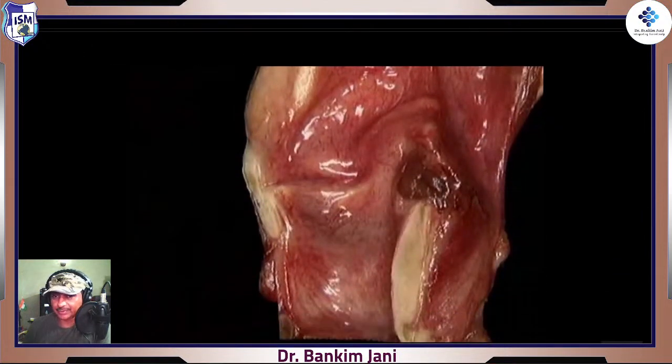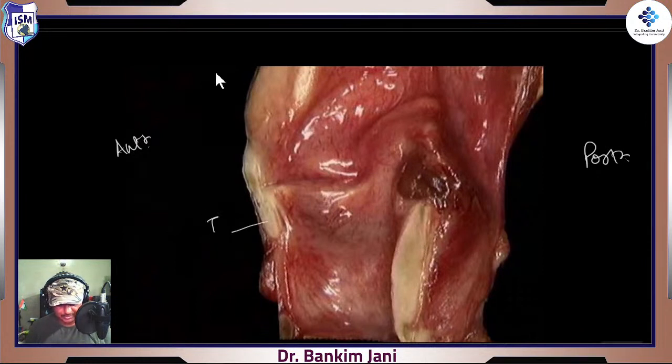This is now the image which we saw previously, right? All clear, right? That's the anterior, that's the posterior. And if we really want to figure out where exactly that conus elasticus is, we'll just figure out where the thyroid is. That's the thyroid.